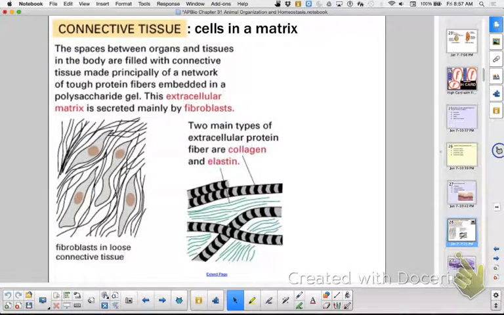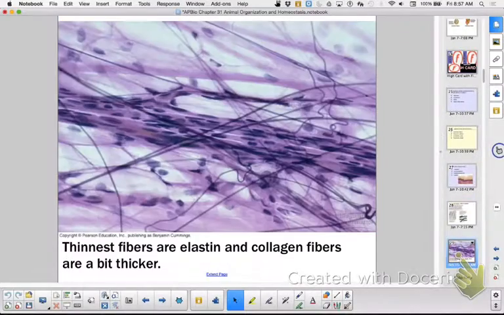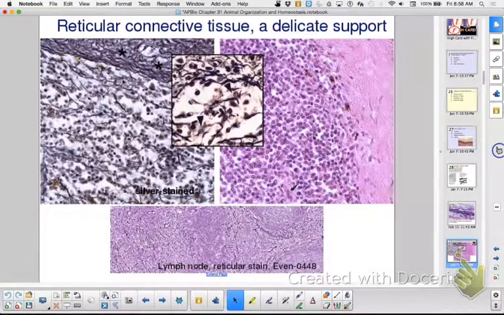All right. Now, the next section, these are cells separated by a matrix, elastin and collagen. This is reticular connective tissue. This would be part of like a lymph node.